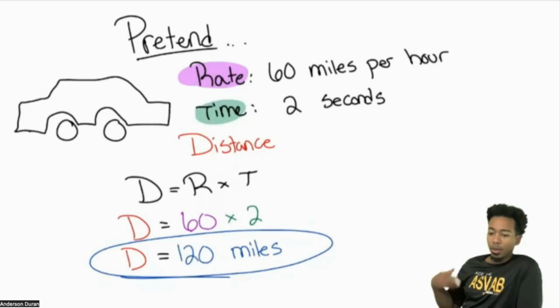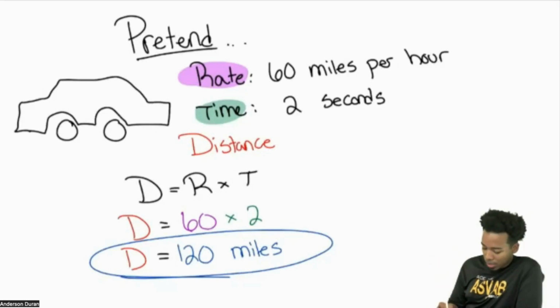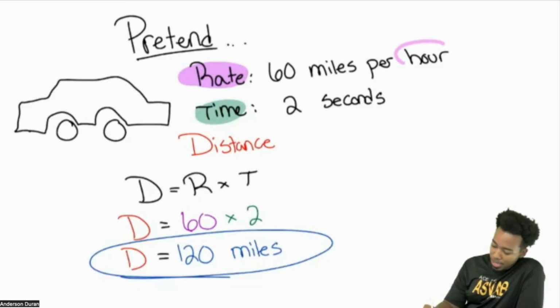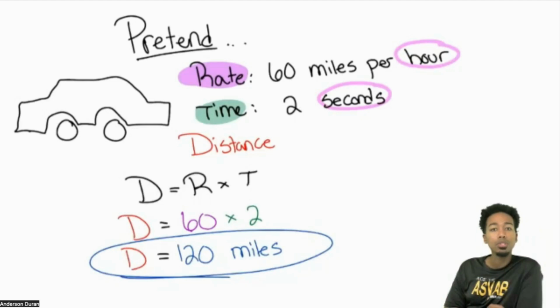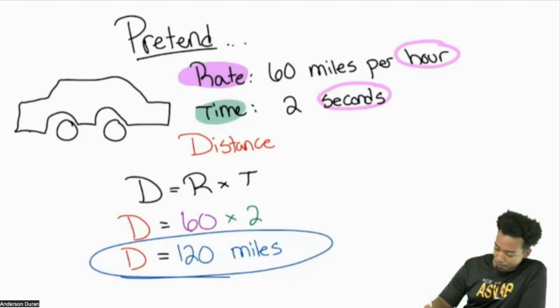So with that said, with this little example shown, does it make sense to you now that the answer will be wrong if your units don't match up? So write that down.